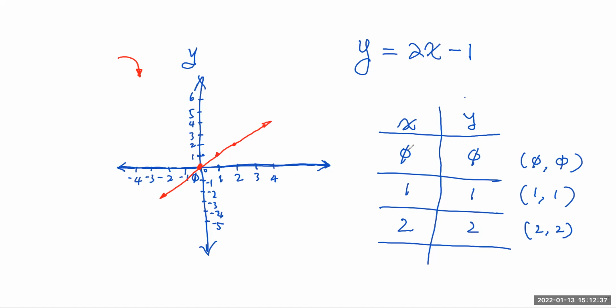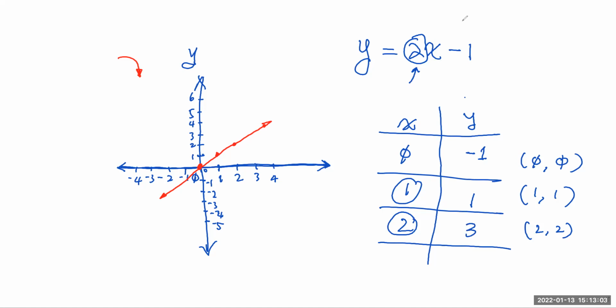Therefore, when x is 0, 2 times 0 is 0, minus 1. So the y here won't be 0 anymore, the y here will be -1. When x is 1, 1 times 2 is 2, minus 1 is 1. Now when x is 2, that becomes 2 times 2 is 4, minus 1 is 3.